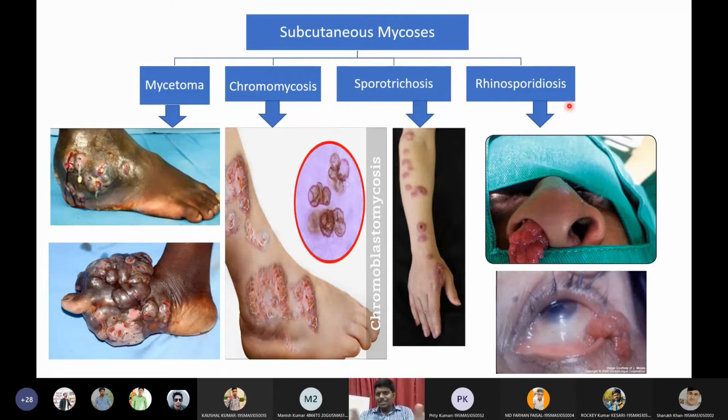Among these 4 diseases, which one is a dimorphic fungus? Sporotrichosis.